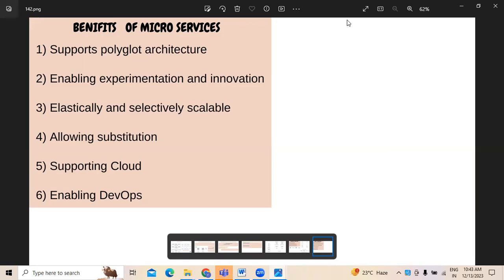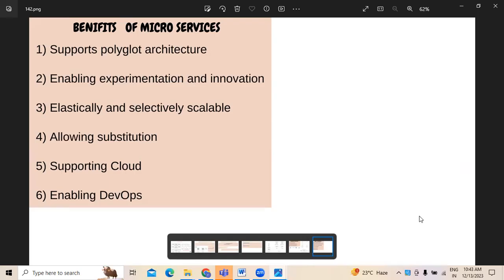But nowadays we don't have that difficulty, because we are enabling the DevOps environment and implementing both equally. These are the major benefits we see in the context of microservices.